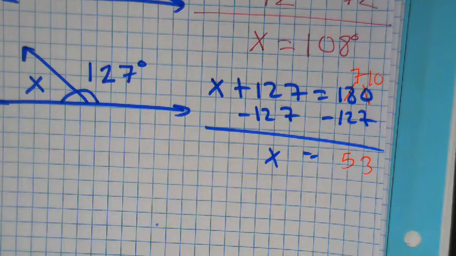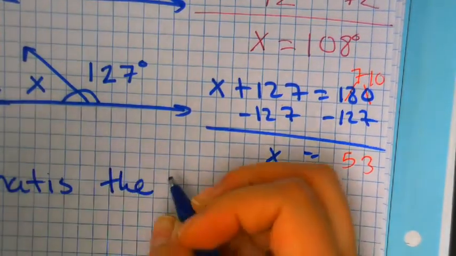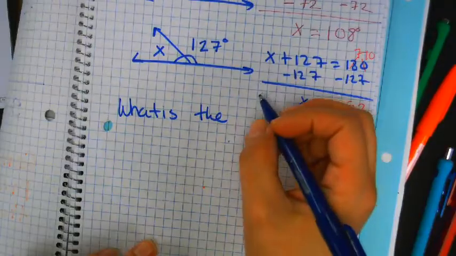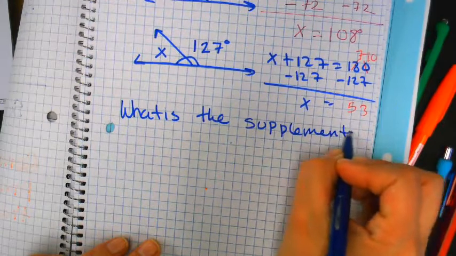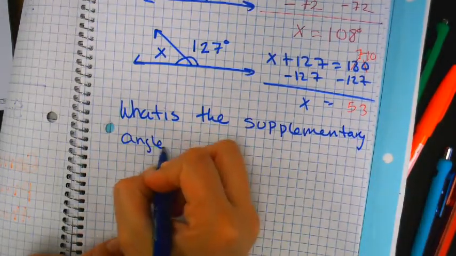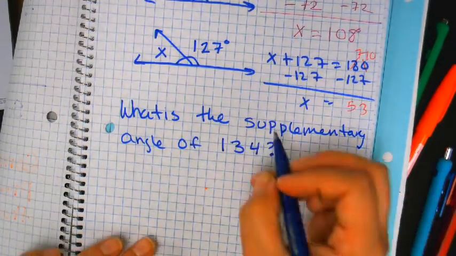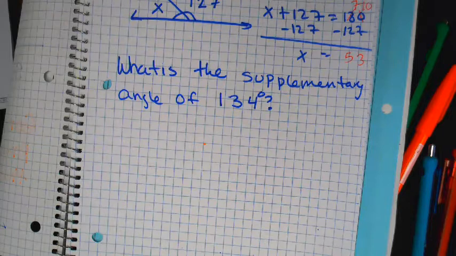What if you don't get a picture and it just says, what is the supplementary angle of 134 degrees? Is there a picture? No. So you're like, oh my gosh, is that the 90 or the 180?